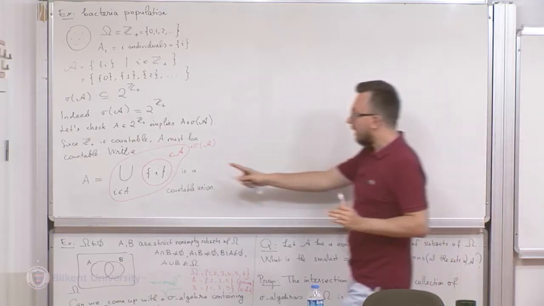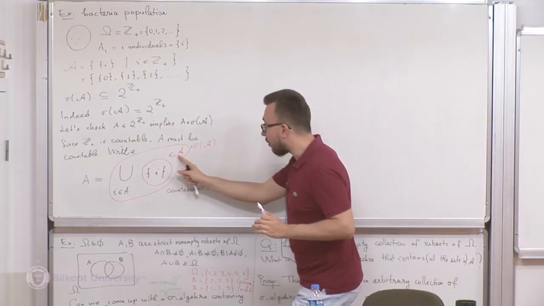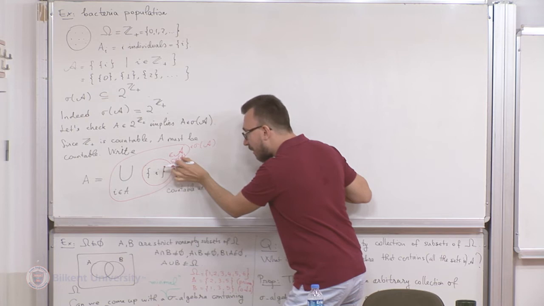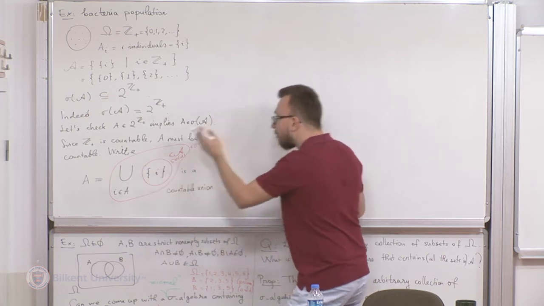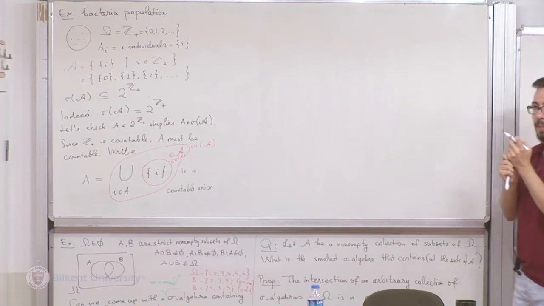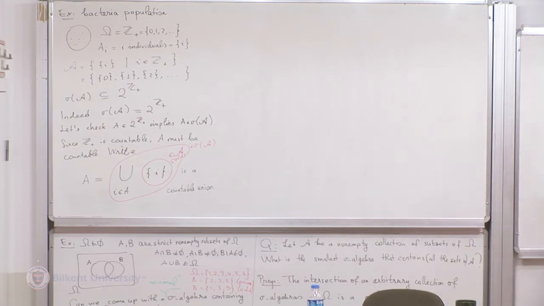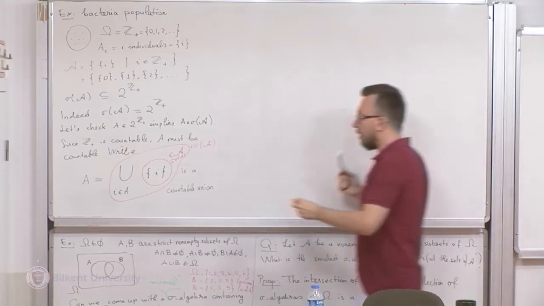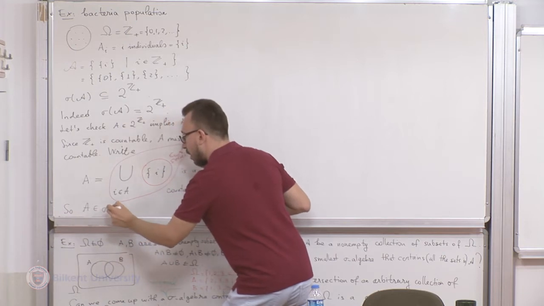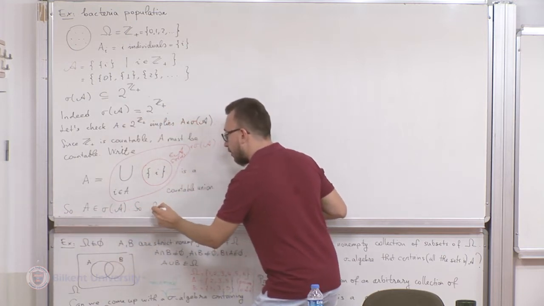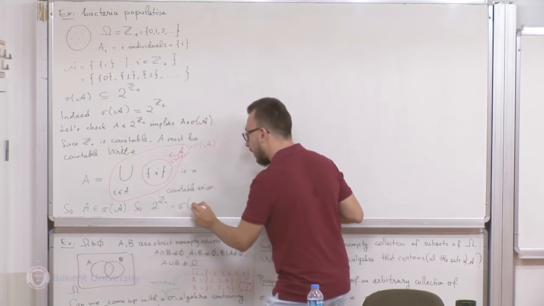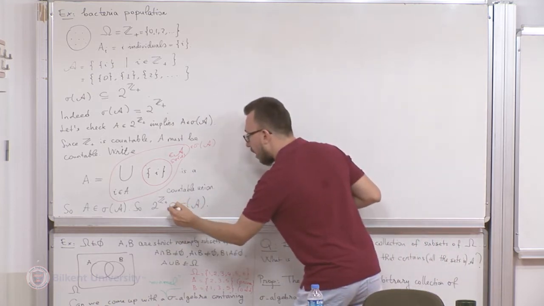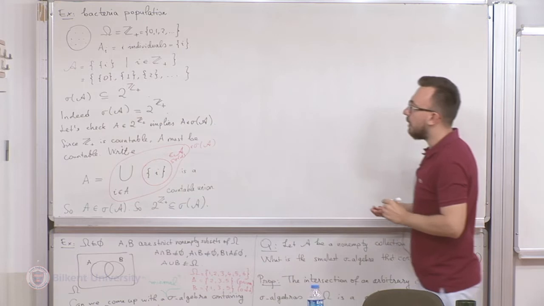So this is in script A, so it is also in sigma A. And this is a sigma algebra. I have sets in a sigma algebra. Their countable union is an element of the sigma algebra. So that's it. A is in the sigma algebra generated by script A. Therefore, 2 to Z plus equals sigma A. And the opposite part was already clear, so we're done.